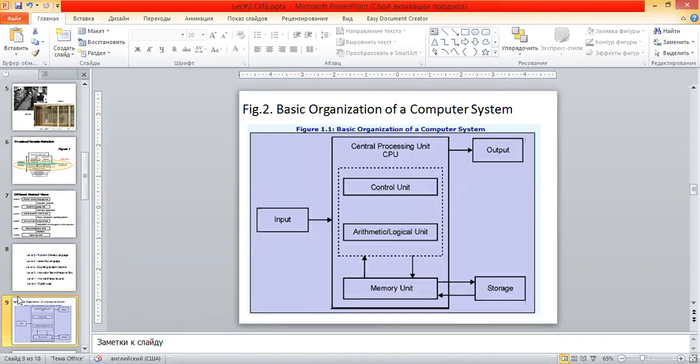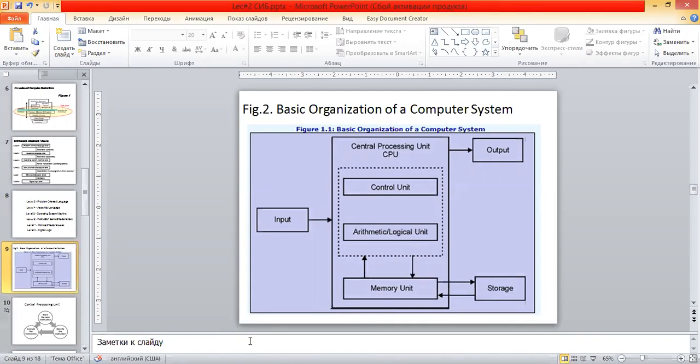Basic organization of a computer system. So, any computer can perform the four basic operations, yeah? For example, input, processing, output, and then storage.